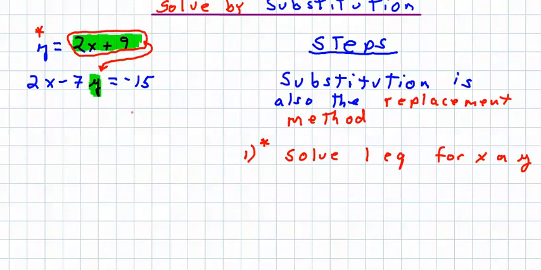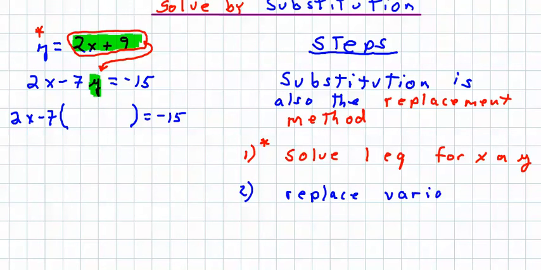All right, so I'm going to replace y with 2x plus 9. So I have 2x minus 7, and I'm going to put y's replacement in parentheses, equals negative 15. So step two, replace the variable from step one with the solved equation.